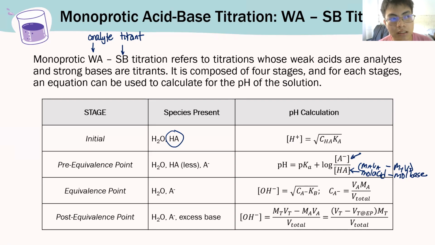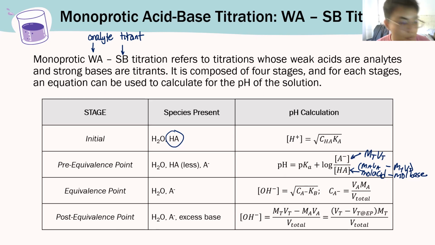So ibig sabihin, the amount of the titrant is related to the amount of the conjugate base. So ano yung amount ng titrant? So it's MTVT. Okay? So yun yung equation natin for that. The amount of the conjugate base comes from the titrant, and the amount of the titrant can be computed as MTVT.